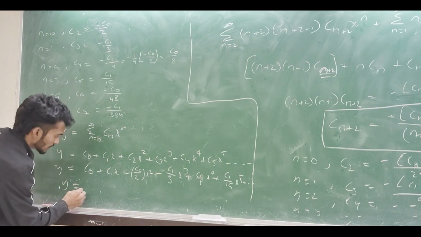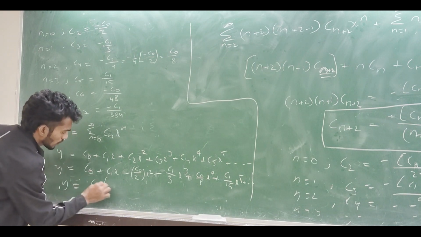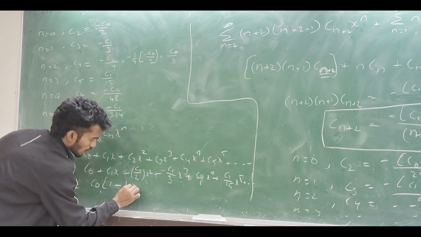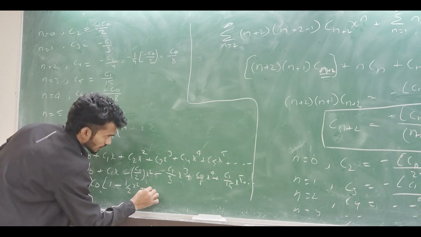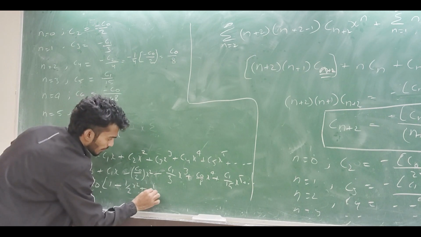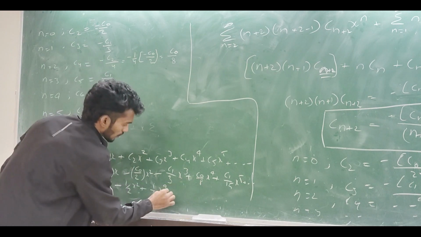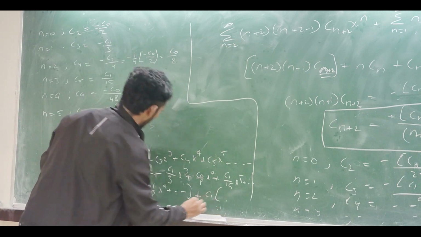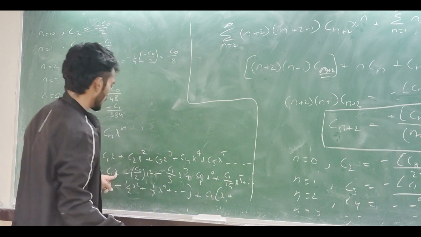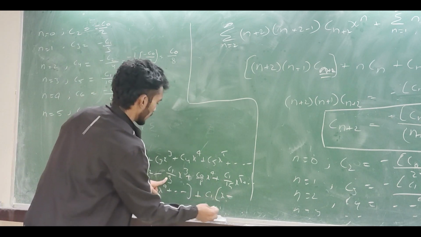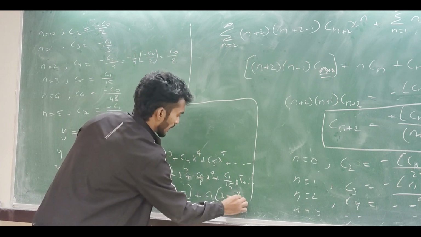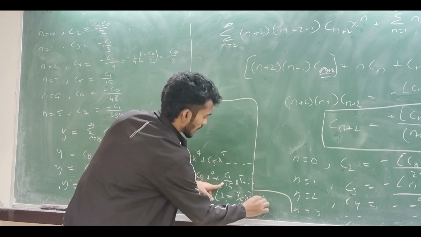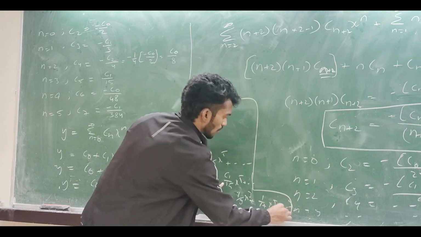Then we get y is equal to C0 taken outside, 1 minus 1 by 2 x square plus 1 by 8 x to the power of 4 plus so on, plus if we take C1 outside, then we get x minus 1 by 3 x cube and then plus 1 by 15 x to the power of 5 plus so on.